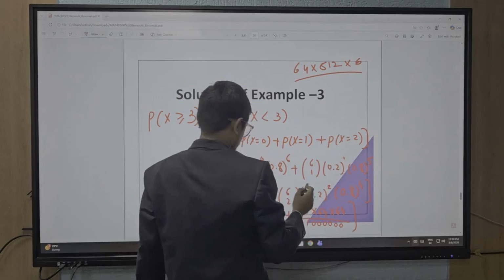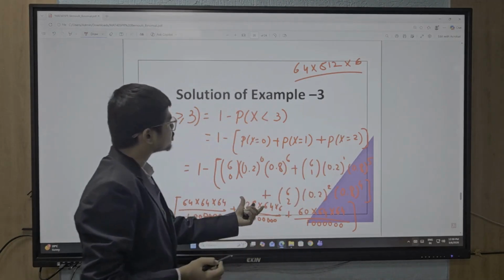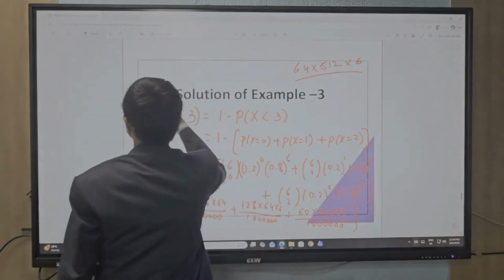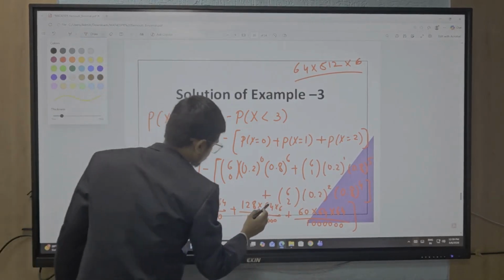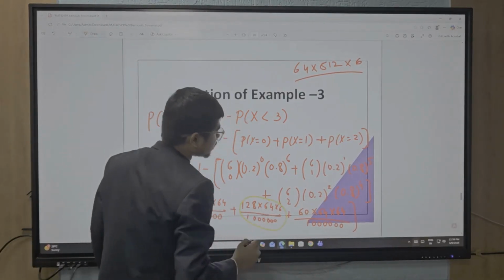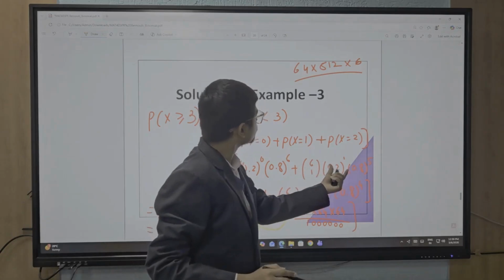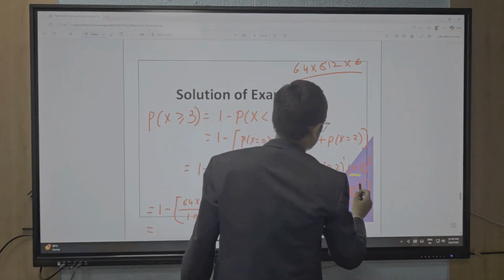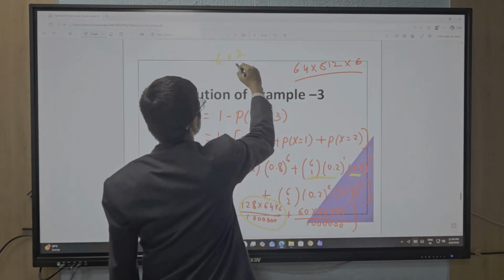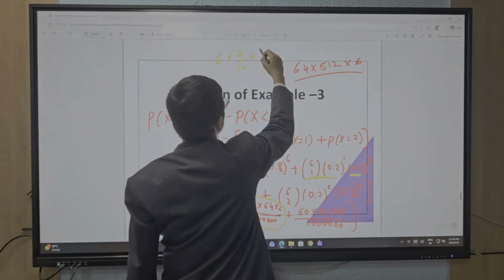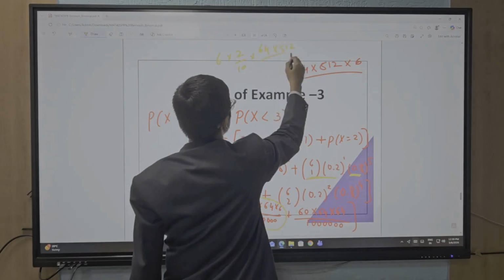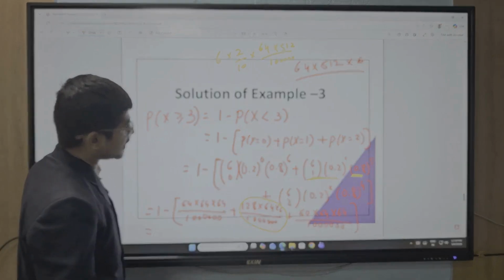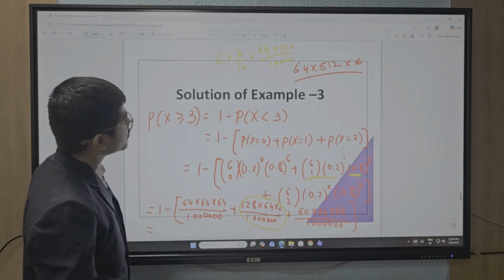I think this is a calculation error from my side. 6 into 2 means 12, so 6 into 2 by 10 into 64 into 512 divided by 10 to the power 6. This is a calculation error from my side.